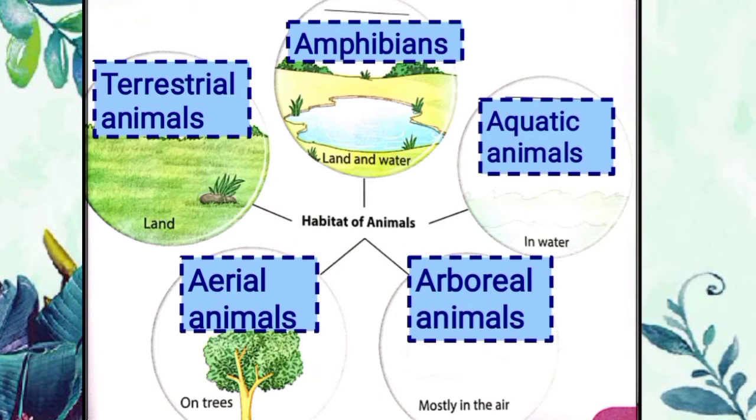And they are even found in very cold areas like the Arctic, where the ice never melts. Humans live in many different parts of the world. They eat many kinds of food. They wear different clothes to suit the weather, whether it is hot or cold.